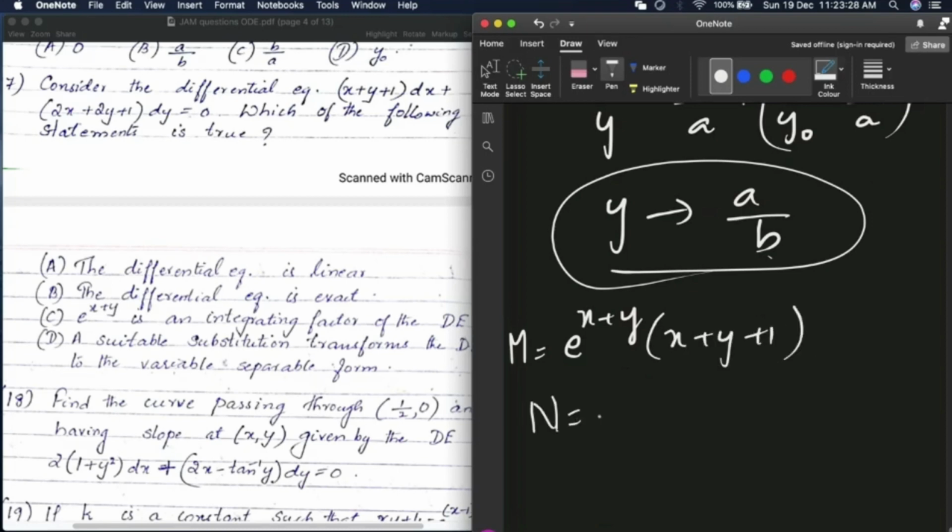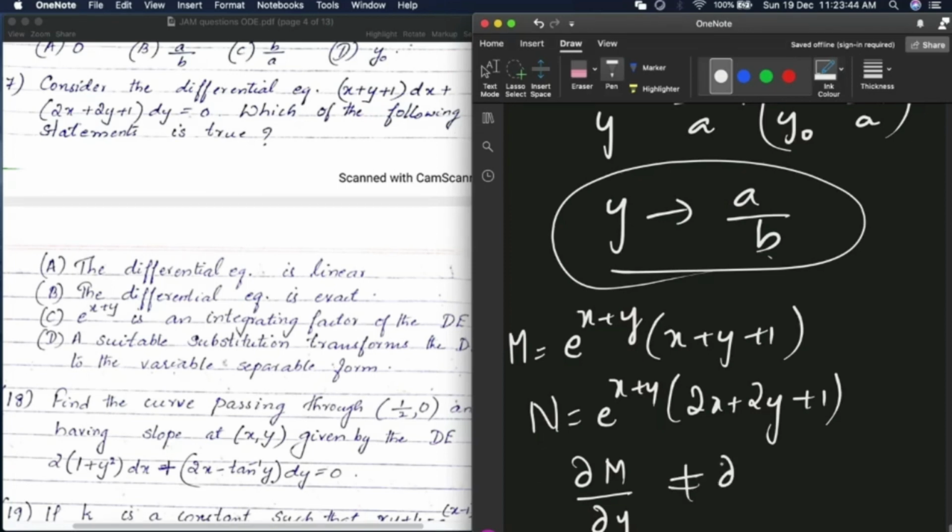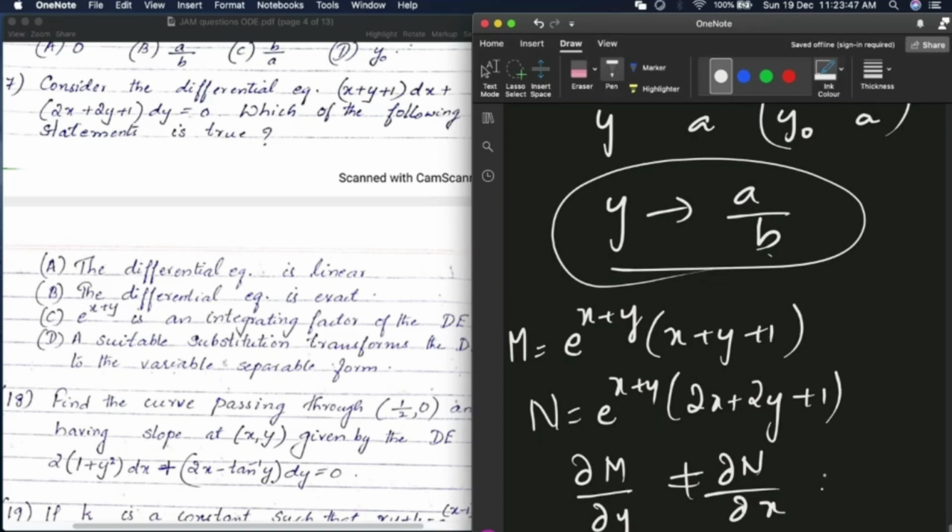And N becomes e raised to x plus y into 2x. I don't think that will become so. Will it become equal, dou M by dou y and dou N by dou x? I don't think so. No, it will not. So that's not an integrating factor.